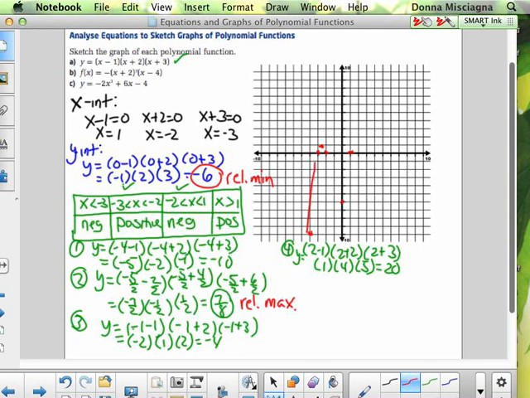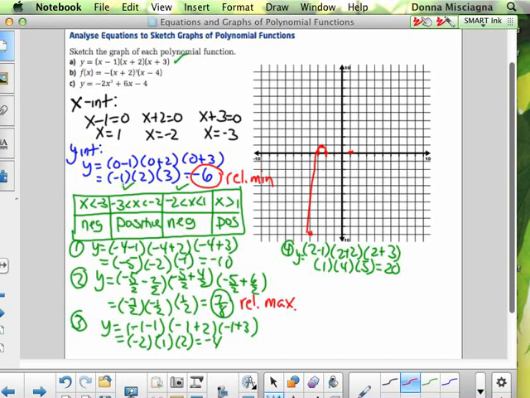For values between -3 and -2, we're going to be above the x-axis. And for values between -2 and 1, we're going to be below the x-axis.